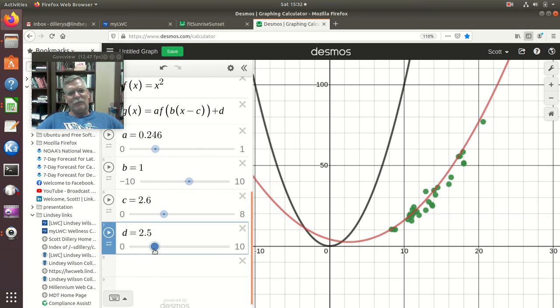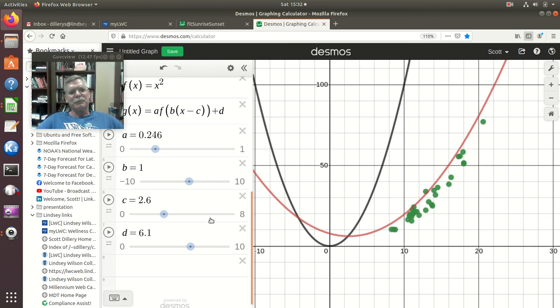There it's at 2.5, and the thing, so there, I've got it clear up here at what, 6.1, right? Well, if I do, it looks like this has to go over further, and I'm going to put that at 3.1.